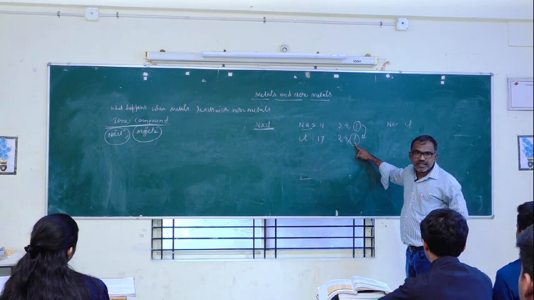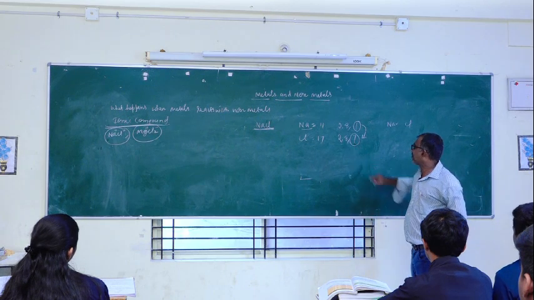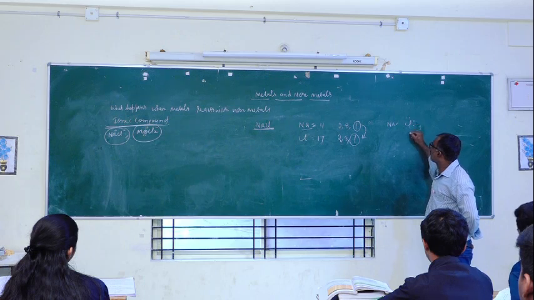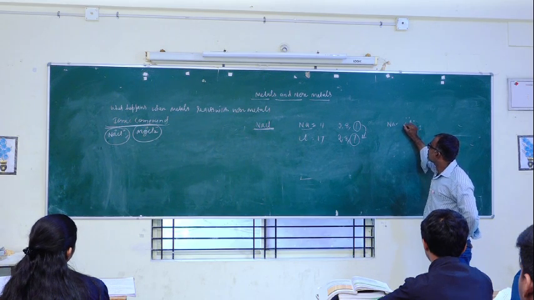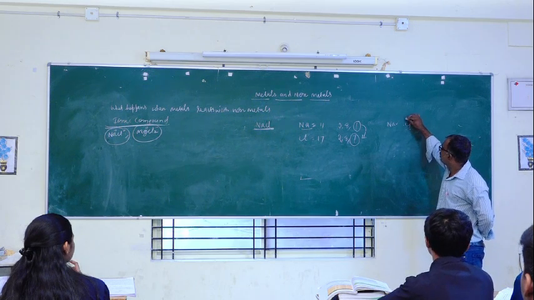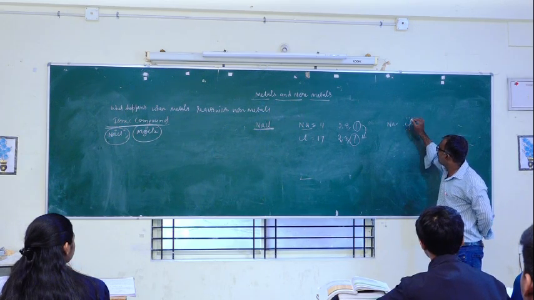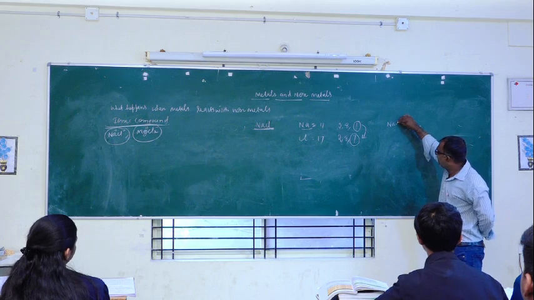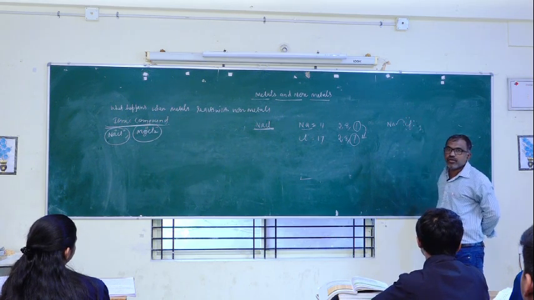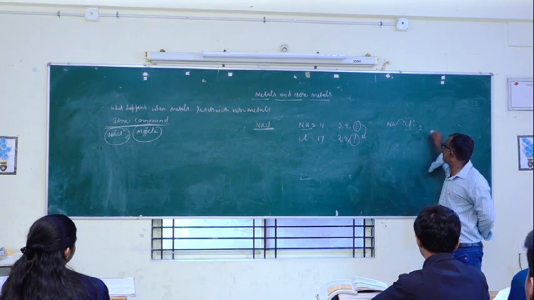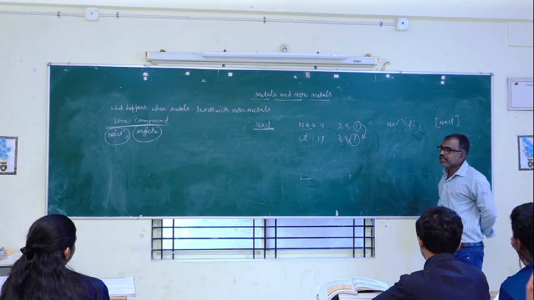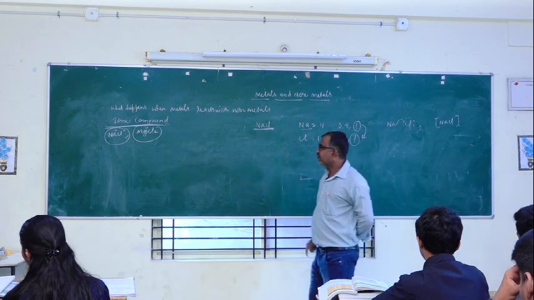In the outermost shell there are 7 electrons, so 1, 2, 3, 4, 5, 6, 7. Here 1 electron from sodium is transferred to chlorine, and then it becomes NaCl.